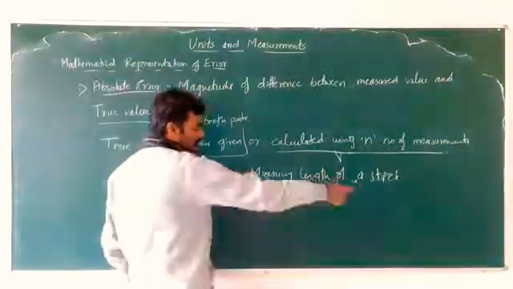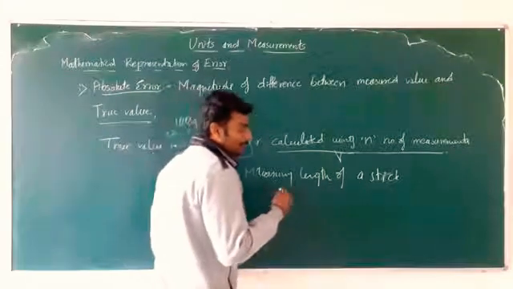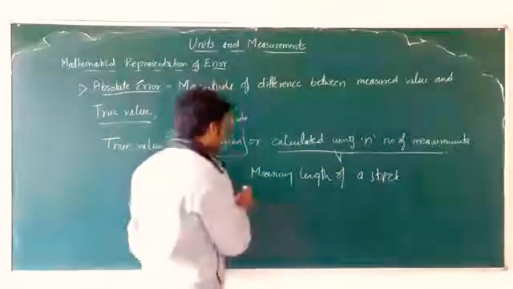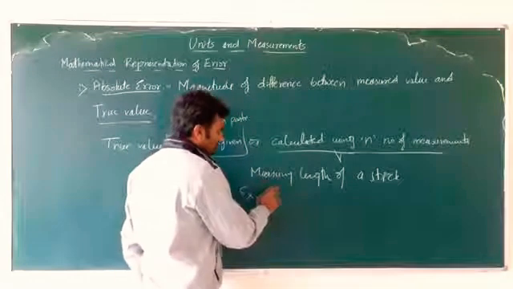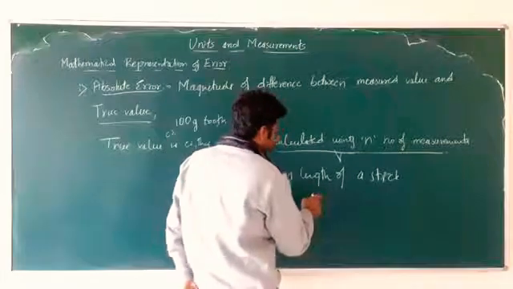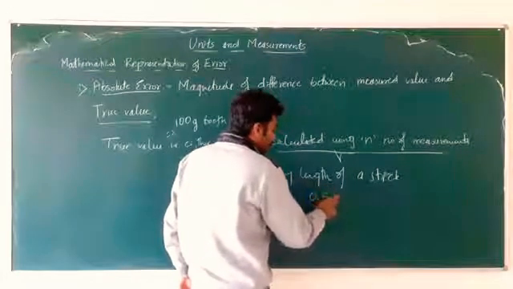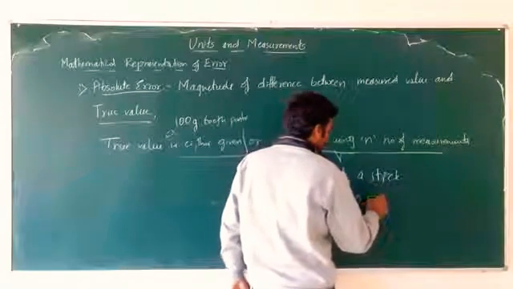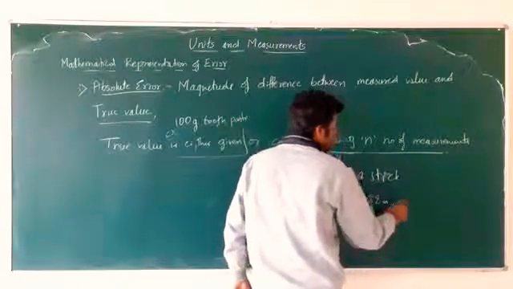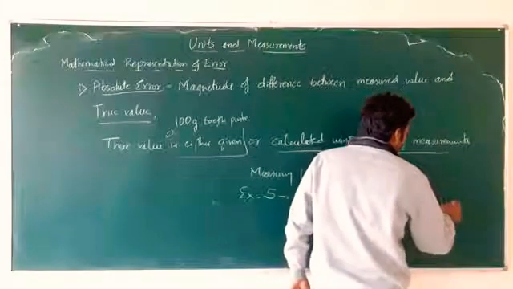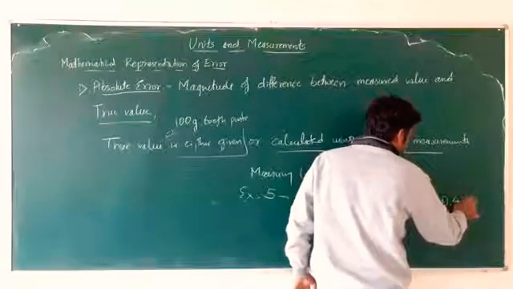As an example, if the length of the stick that we get with say 5 measurements, I'm going to take 5 readings. First reading I get is 0.5 meter. The second reading I get as 0.52 meter, and the third reading that I get as 0.51 meter, and I also get a reading 0.48 meter.